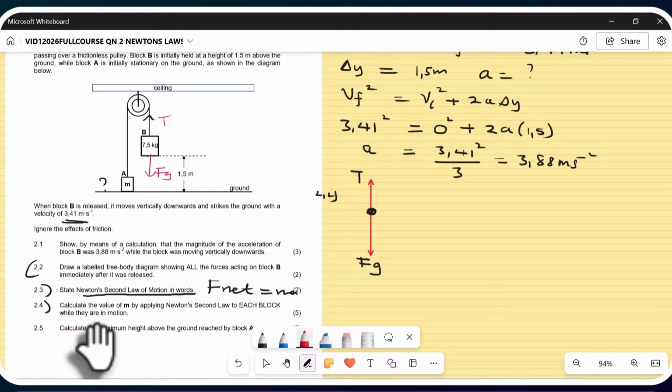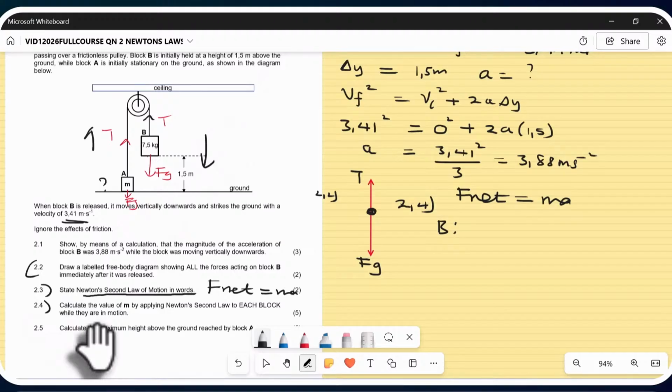So we're doing now 2.4. If I say F net equals ma, and I talk about block B, as you see, it's going downwards, right? So I'm going to say Fg is going downwards like this, and then a is going downwards like this. So the Fg minus T equals ma.